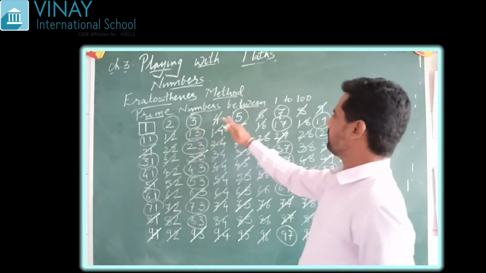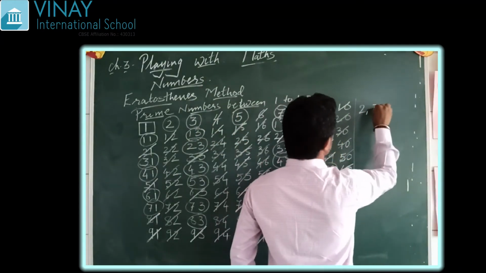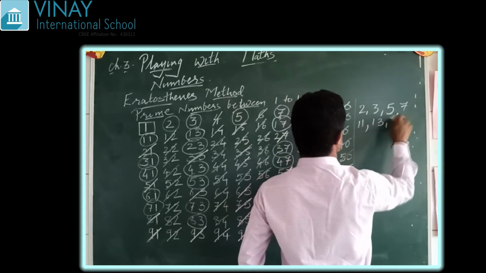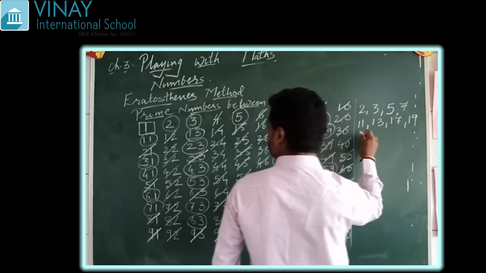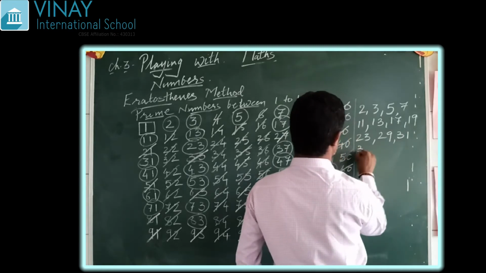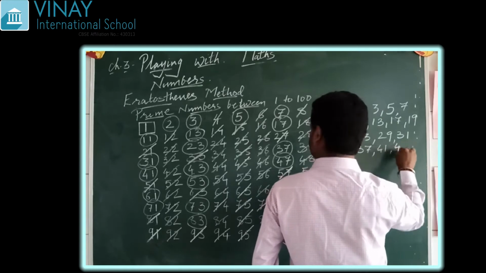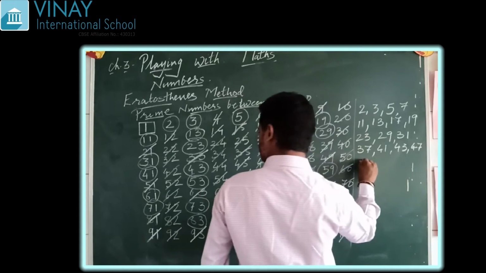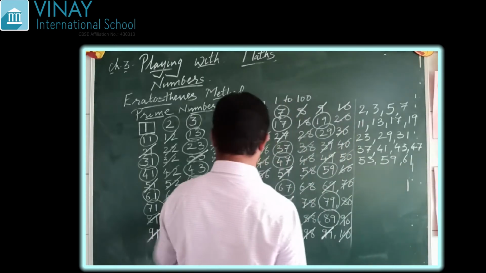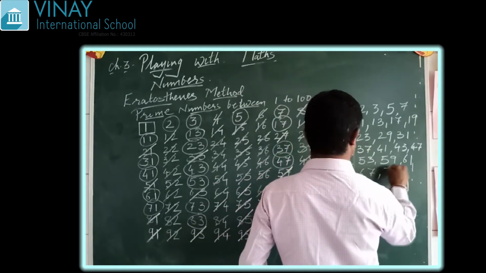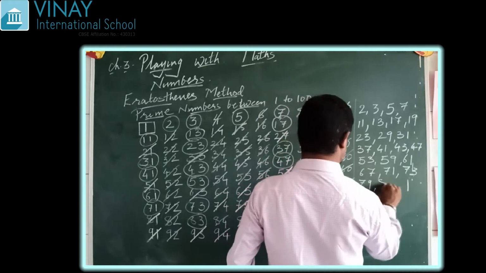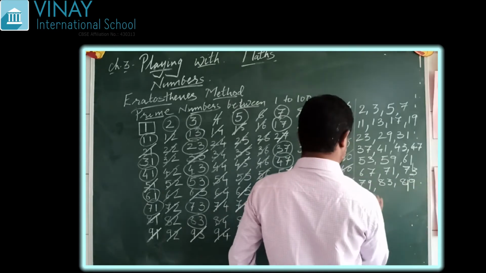If you want to find out the prime numbers between 1 to 100, then they are 2, 3, 5, 7, 11, 13, 17, 19, 23, 29, 31, 37, 41, 43, 47, 53, 59, 61, 67, 71, 73, 79, 83, 89 and 97.